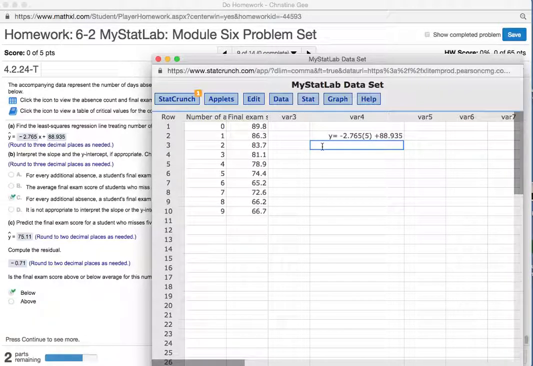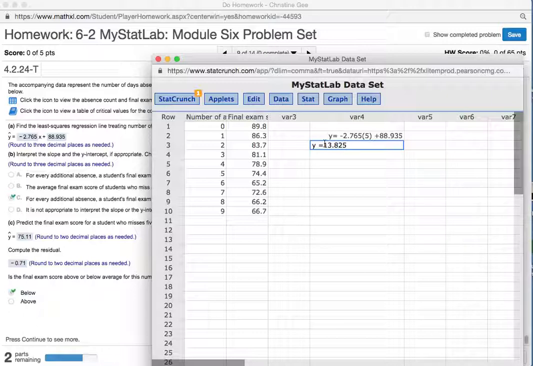Then I simplify this. I first take my negative 2.765. I need to start wearing my glasses. Times 5, and then I come up with y equals 13.825.